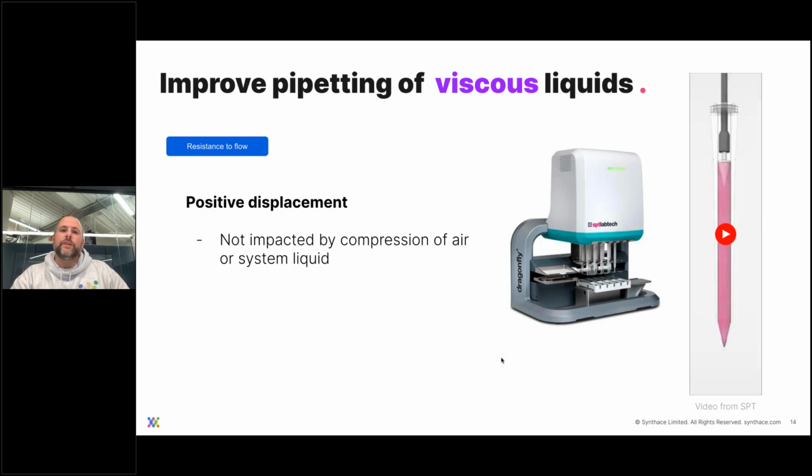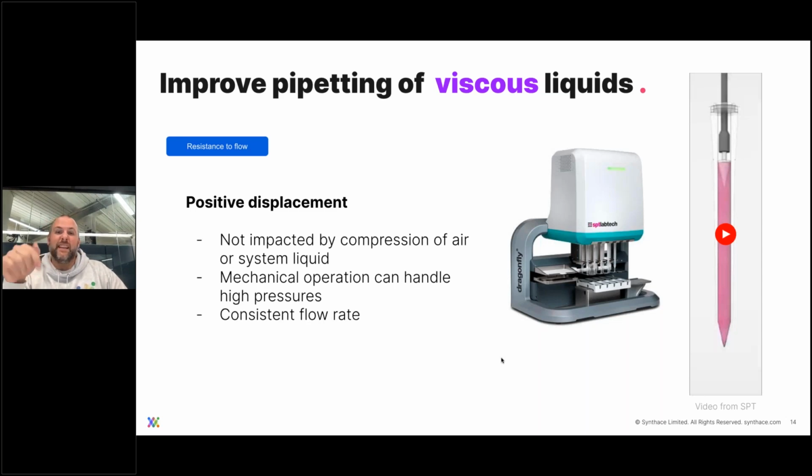The delivery of a liquid using positive displacement pipetting means that the action of dispensing is not impacted by the compression of air or system liquid, which may be used to move the liquid of interest. The operation can handle higher pressures caused by the viscous liquid's resistance to flow. And this means it can deliver a constant flow rate of the liquid.